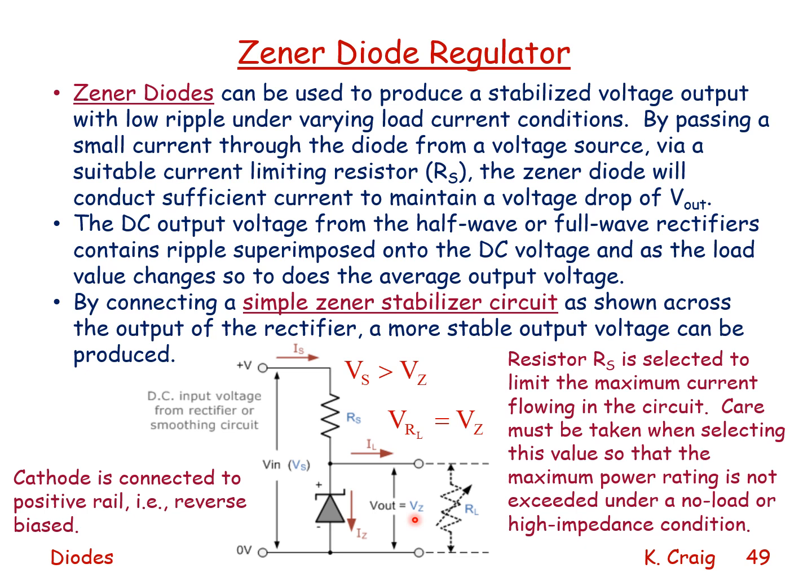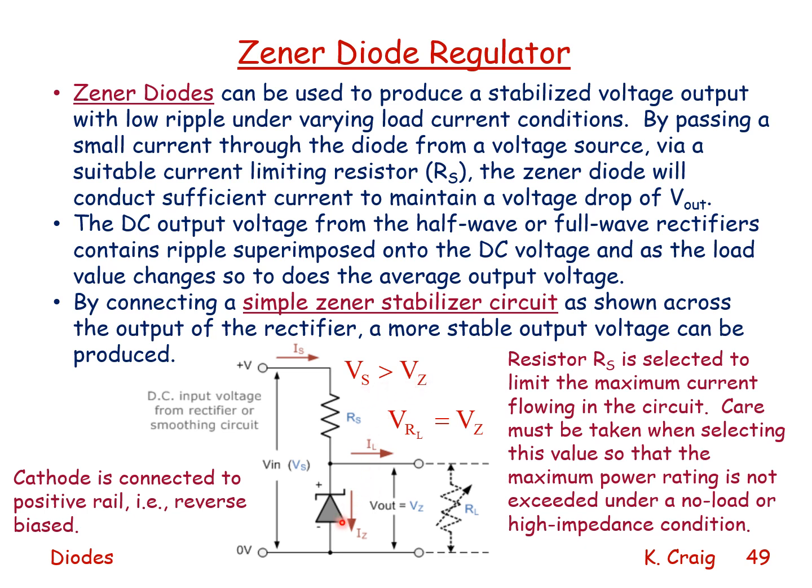The DC output voltage from the half-wave or full-wave rectifiers contains ripple superimposed onto the DC voltage. And as the load value changes, so too does the average output voltage. By connecting a simple Zener stabilizer circuit, as shown, across the output of the rectifier, a more stable output voltage can be produced, as this voltage across the load resistor is always equal to Vz, provided the supply voltage is greater than Vz.